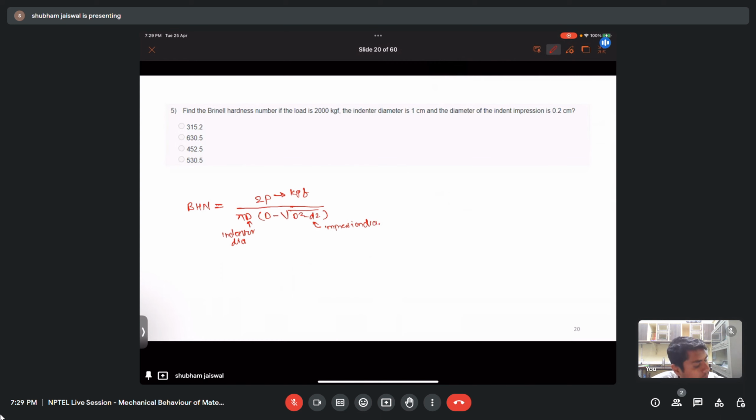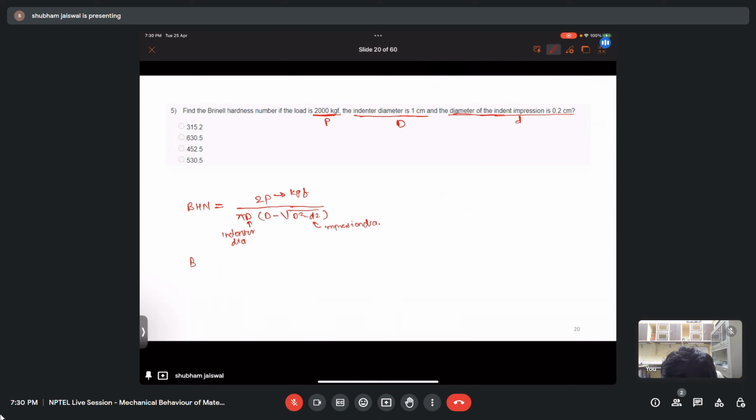In this question they have given us all the things. This is our P, the indent diameter is 1 centimeter, which is D, and the diameter of the indent impression is small d. So we have all the values, just put the values and get the answer.